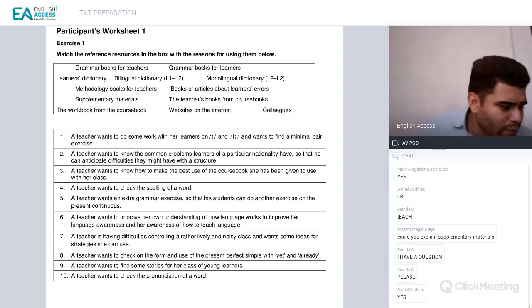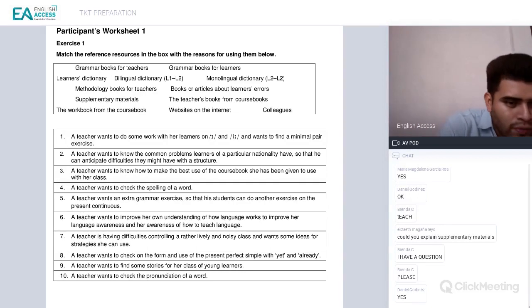All right, so what do you think number one is? The teacher wants to do some work with her learners on I and E and wants to find a minimal pair exercise. I'm going to give you the answer to number one. Let's see.